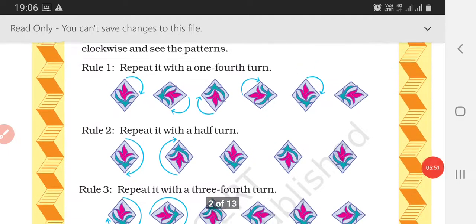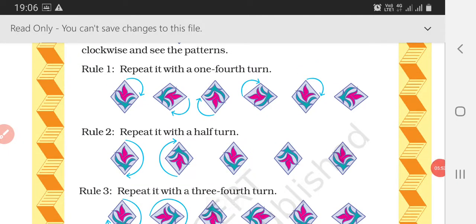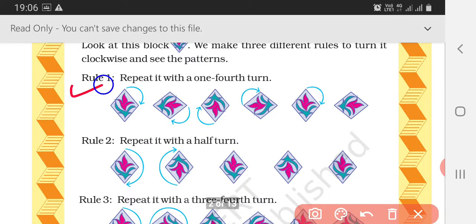Yes, here in example, the flower, the first rule is repeat it with 1/4 turn. The flower takes 1/4 turn and it changes its direction. In next turn again it turns 1/4 turn, and in this way it changes its position.